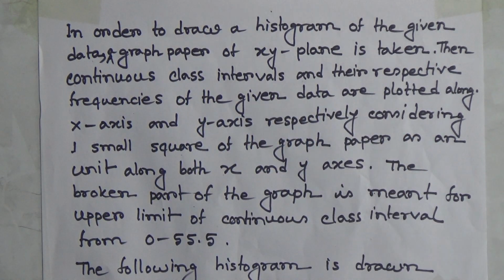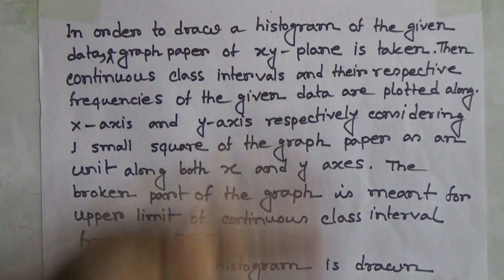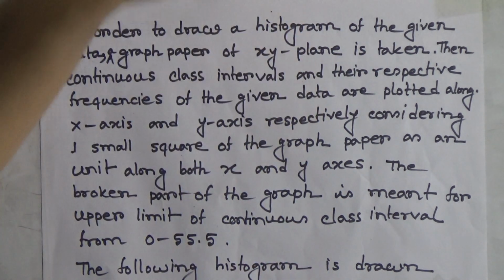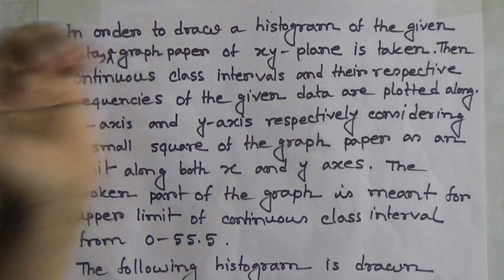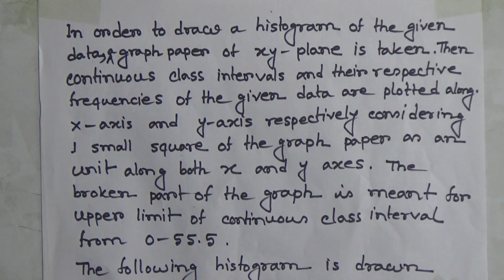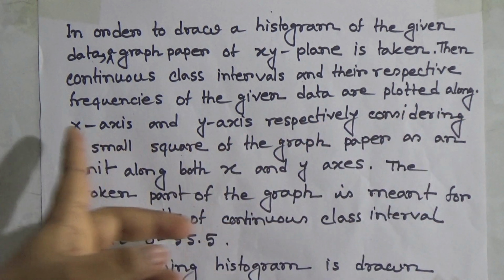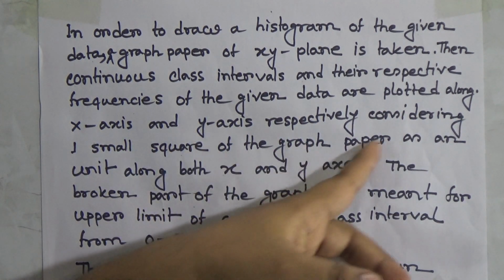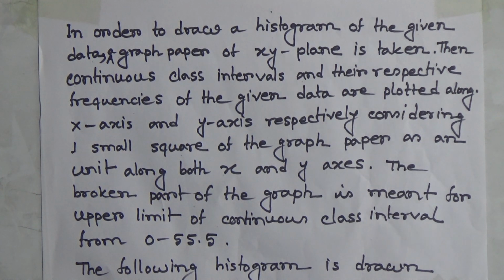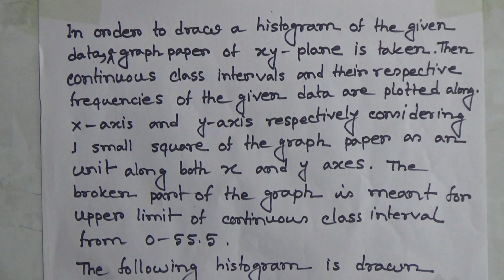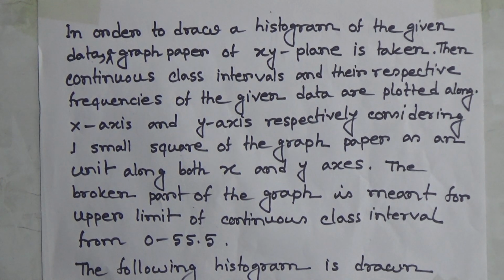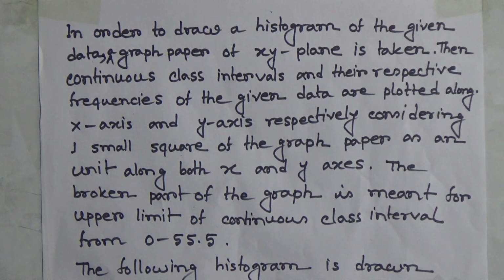That means from this table we plotted this continuous class interval and frequency on the graph paper, considering one small square of the graph paper as a unit along both x and y-axis. That means along the x-axis we take 1 square equal to 1 unit, and along the y-axis we take 1 square equal to 1 unit.